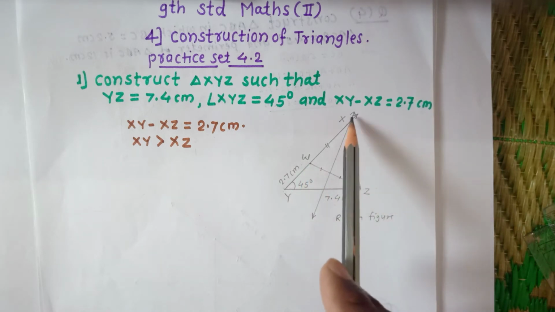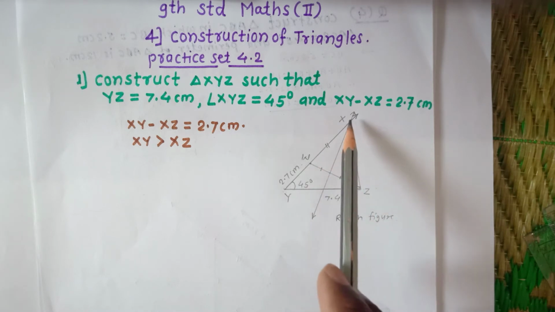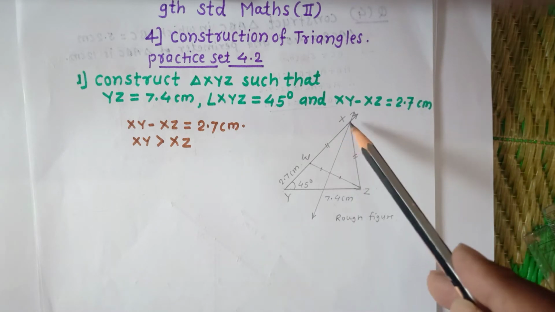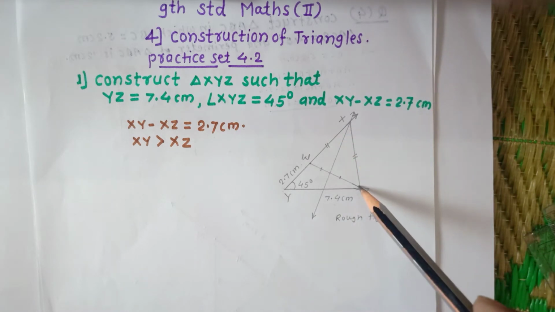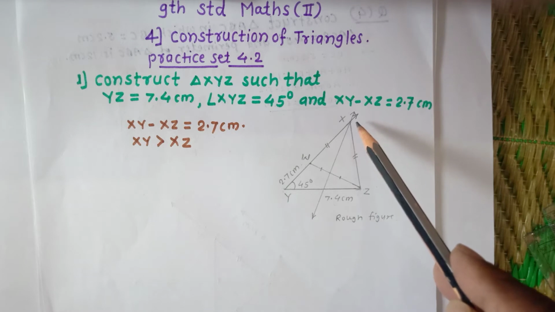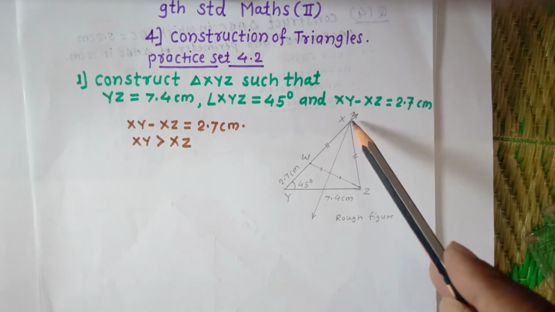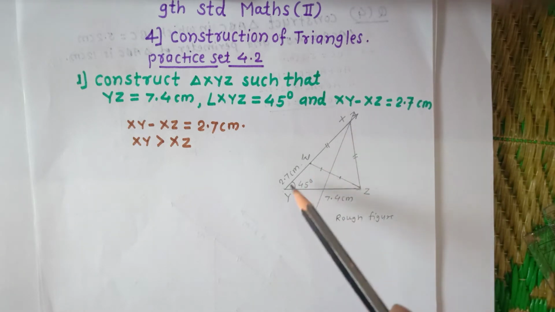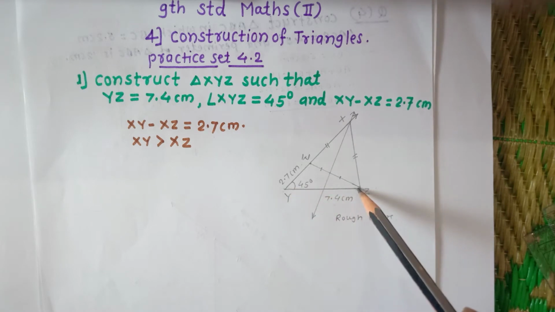So it will meet this line at this point, and this point is X. Then we will join the points X and Z.